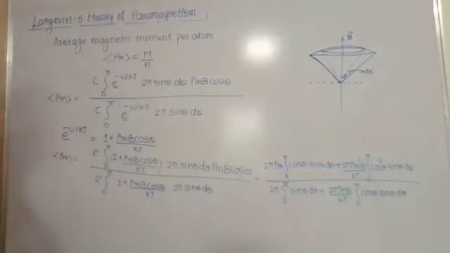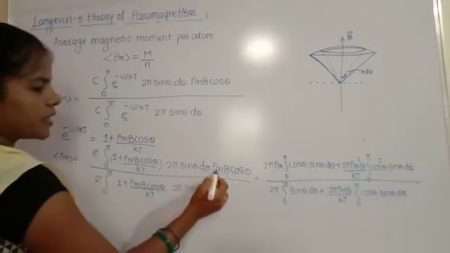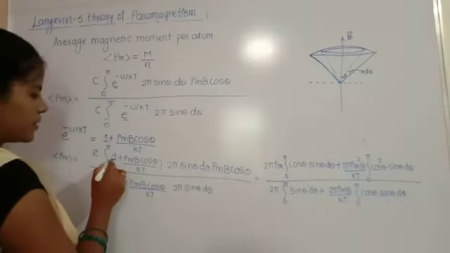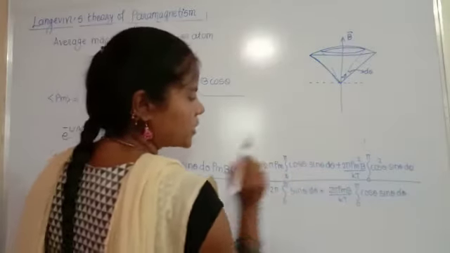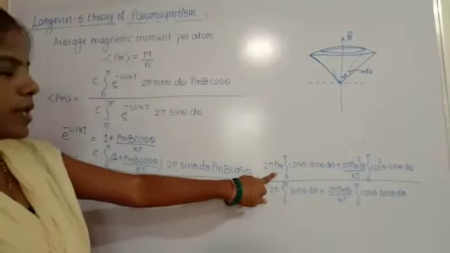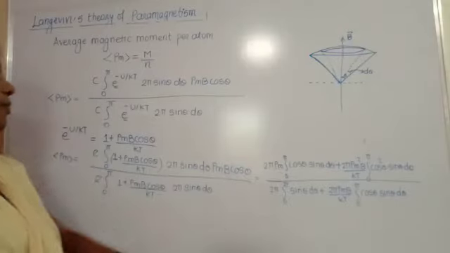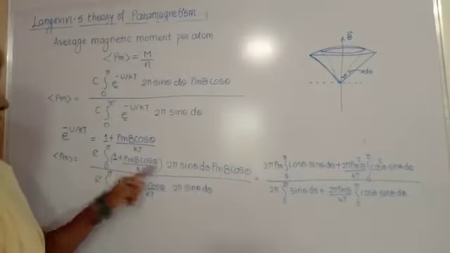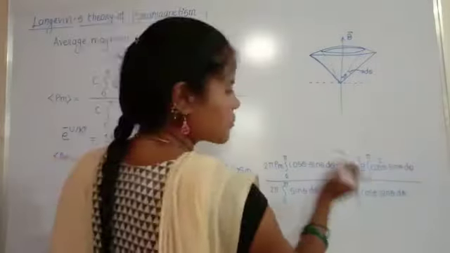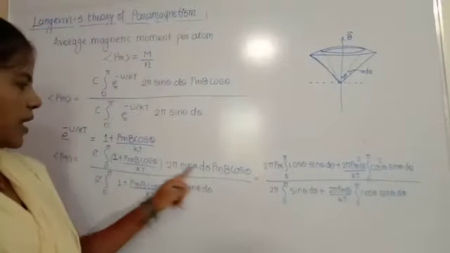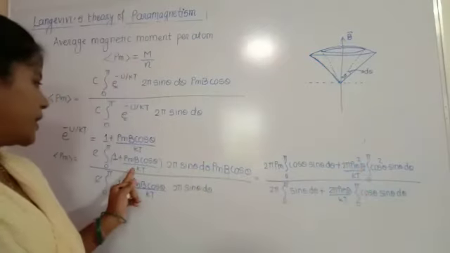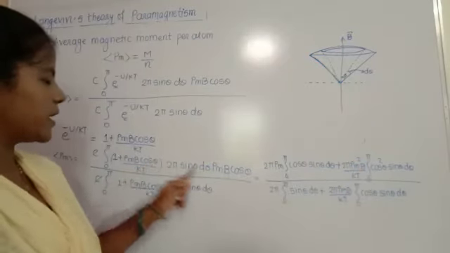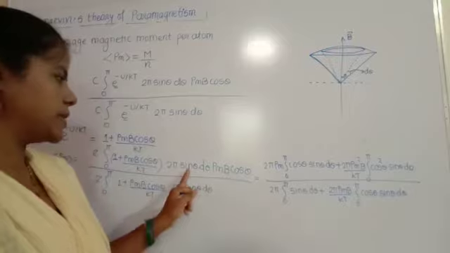So we get this value: when 2π sin theta d theta is multiplied by pm B cos theta and one term, we get 2π pm cos theta sin theta d theta. 2π pm is a constant term, taken outside the integration. Next, here this is pm, this is pm square, this is B, and 2π pm square B by kT, with cos theta times cos theta giving cos square theta, and sin theta.